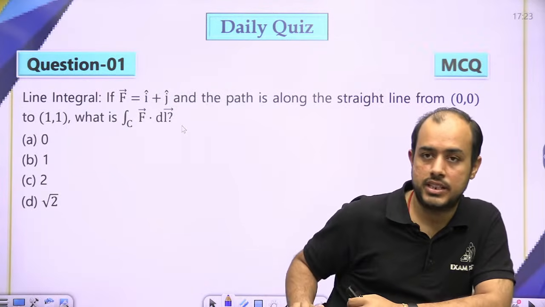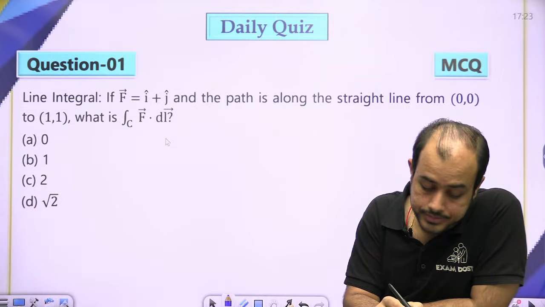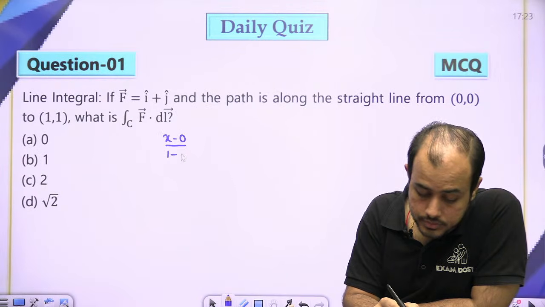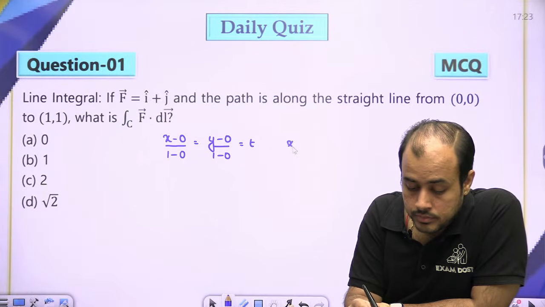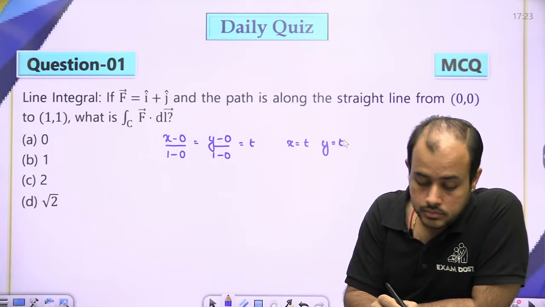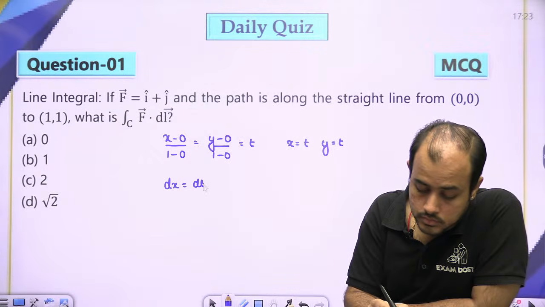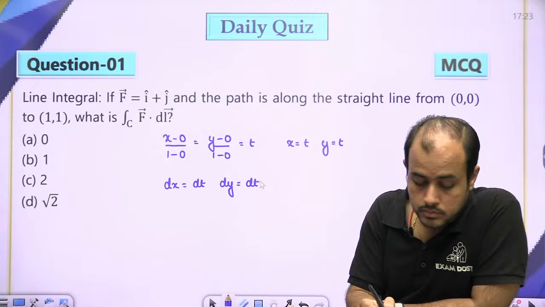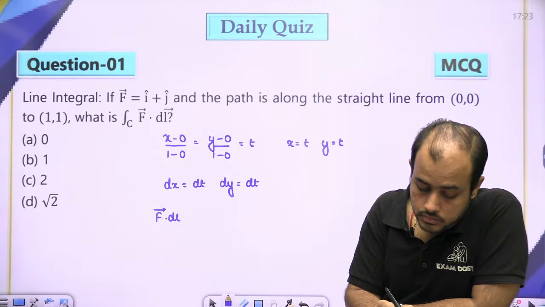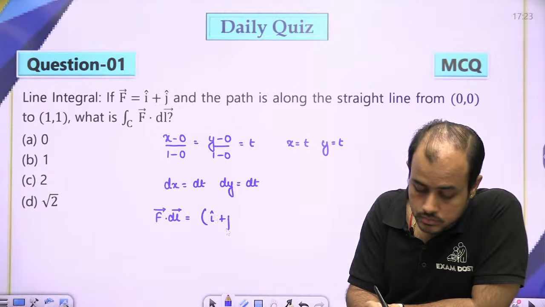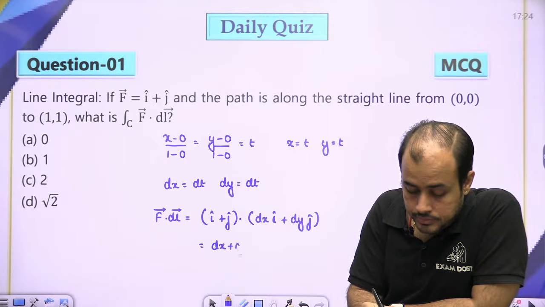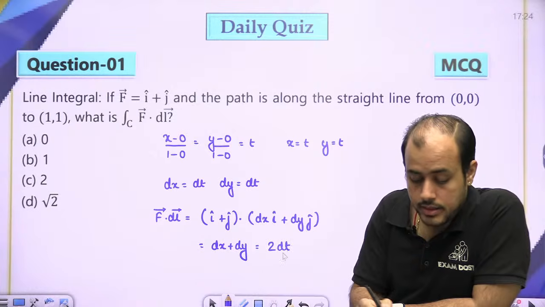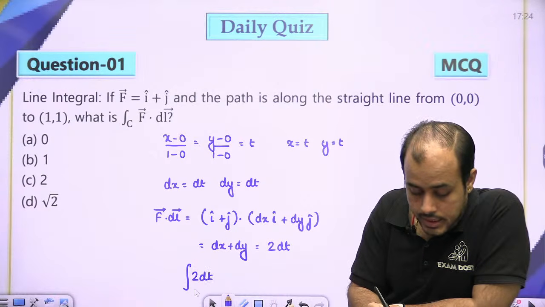Now when you are taking from 0 0 to 1 1, देखिए, t varies from 0 to 1.